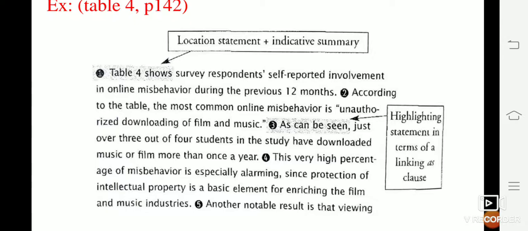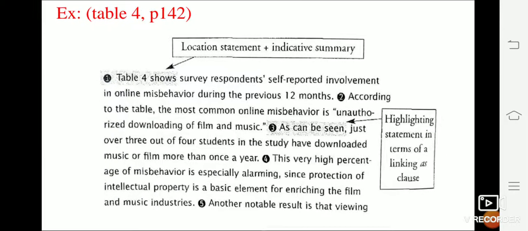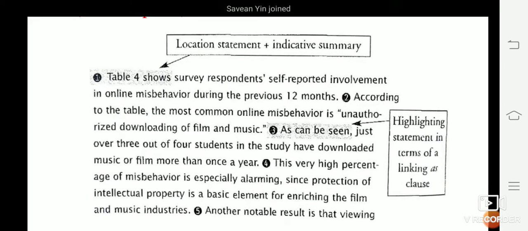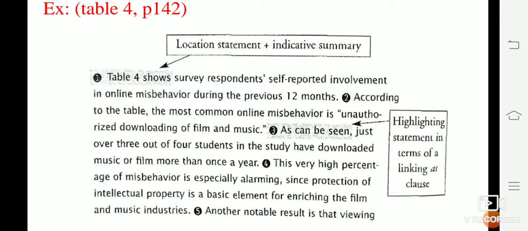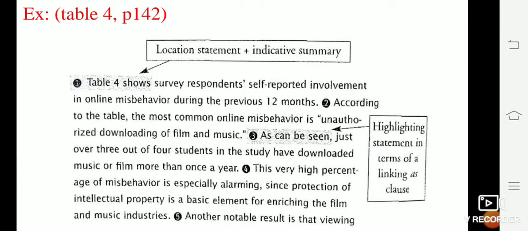You can look at Table 4 in your book on page 142, and then look at number 3, starting here. In number 3, they highlight the statements in terms of linking as a clause. Okay, so let's continue now.